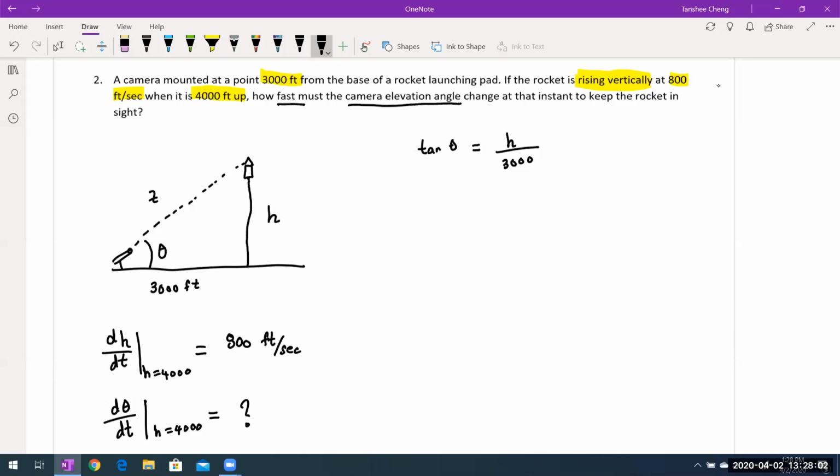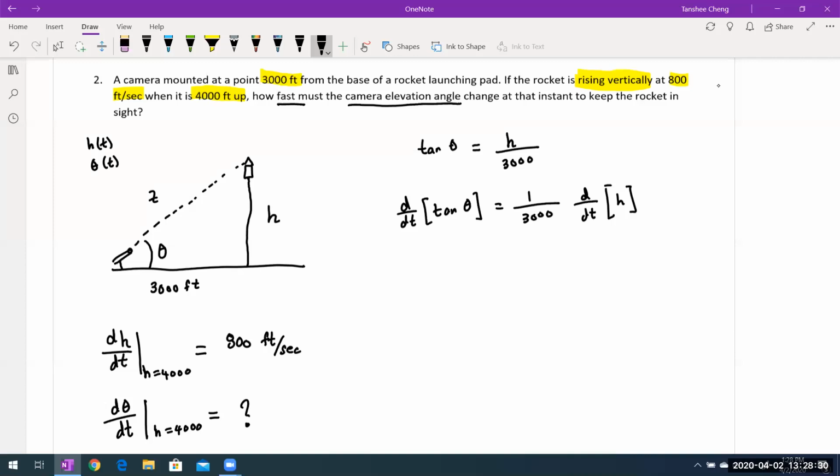Now if I take the derivative with respect to time on both sides, on the right-hand side we have 1 over 3,000 times the derivative of h with respect to time. Remember, h is a function of time and θ is a function of time.